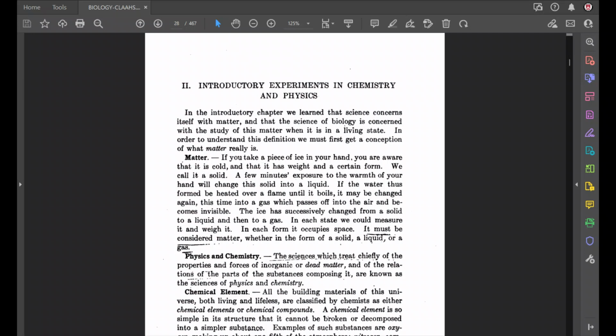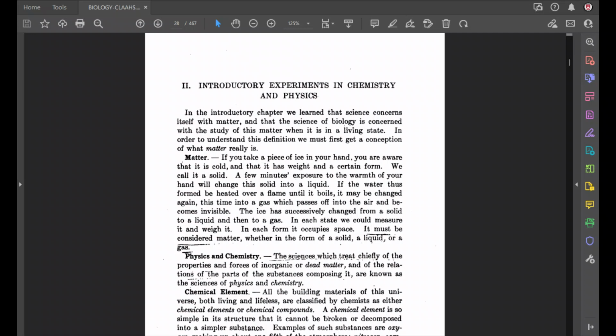So from the freezer as a solid piece of ice, to melted water, to evaporated gas, that piece of ice will continue to change as the circumstances around it change. Over the flame it will boil and will be changed again, this time into a gas, which passes off into the air and becomes invisible.